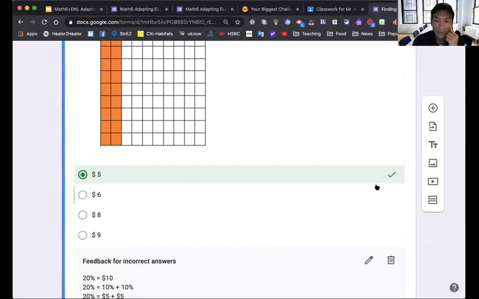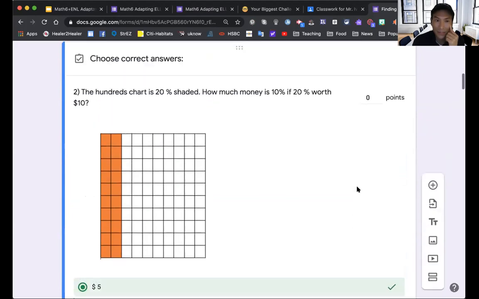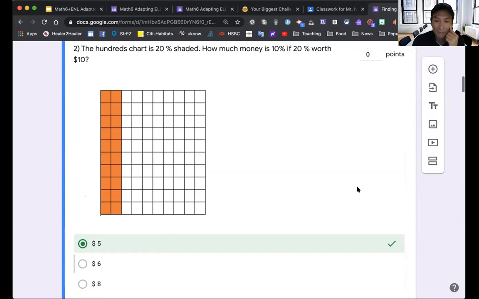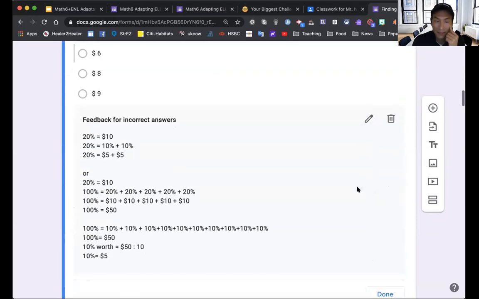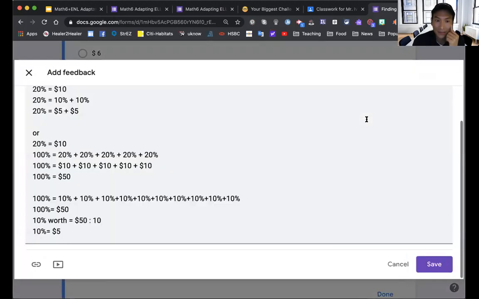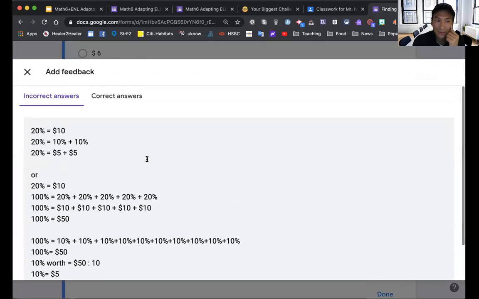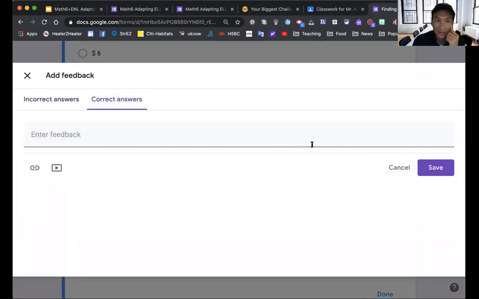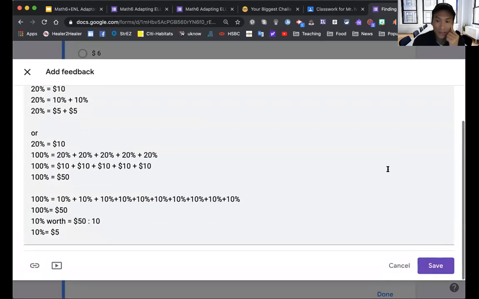See? So 5 is the right answer for this question. And you can write in the answer with this edit. You edit it and save. So for correct answers, you didn't put a feedback, but for incorrect answers, you can.